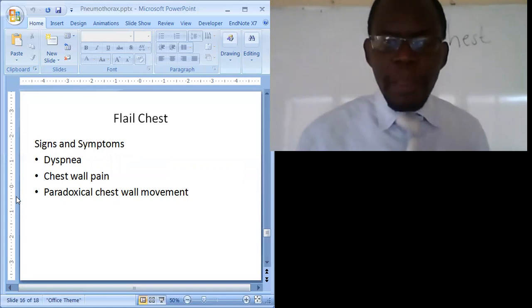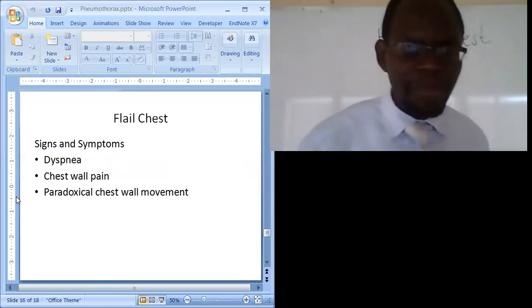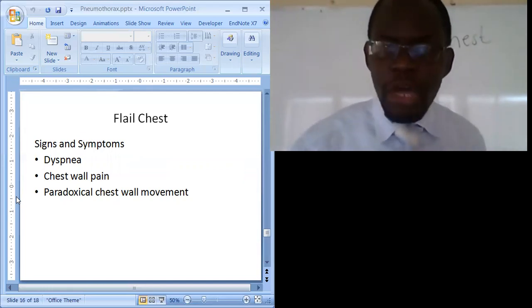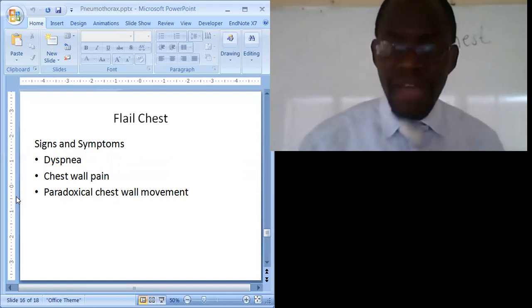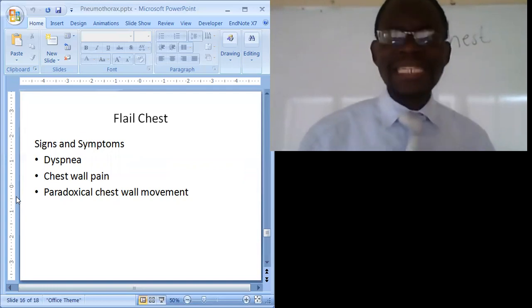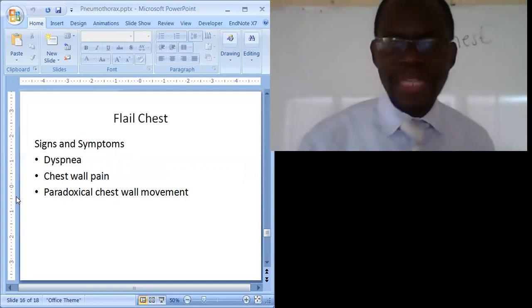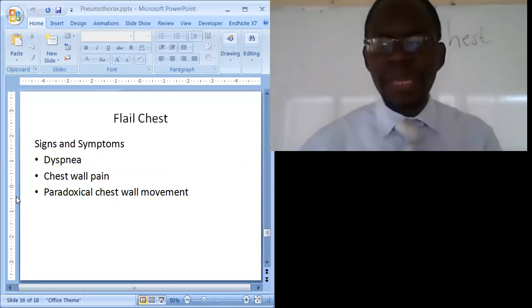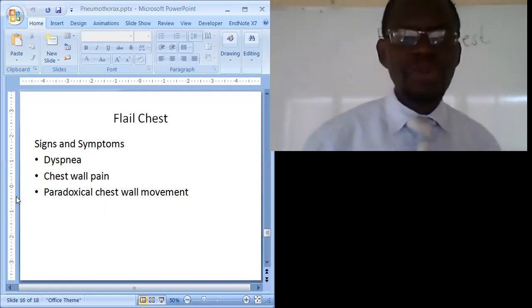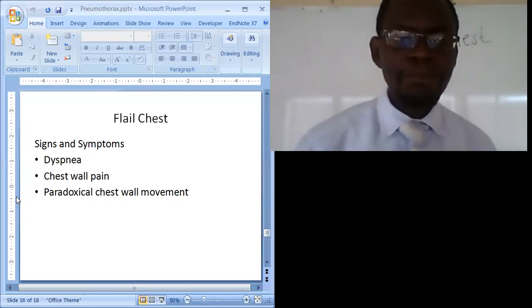However, with paradoxical chest movements, with someone who has a flail chest, what actually happens is that when they breathe in, the chest goes inwards. When they breathe out, it goes out. Which is the reverse of what happens in a normal chest. In other words, it creates a paradoxical movement, an opposite kind of movement to the normal. That is what we refer to as a flail chest.